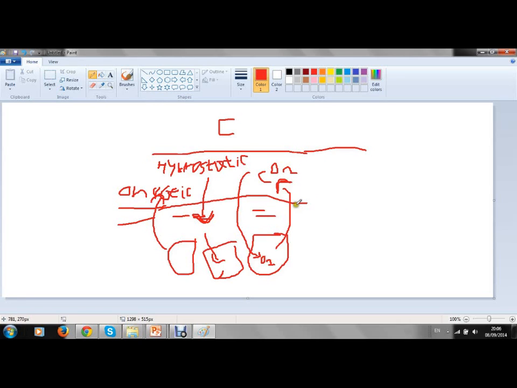So in inflammation, let's say this is arterioles, because histamine, prostaglandins, and NO, nitric oxide, they are released. They are mediators of inflammation.